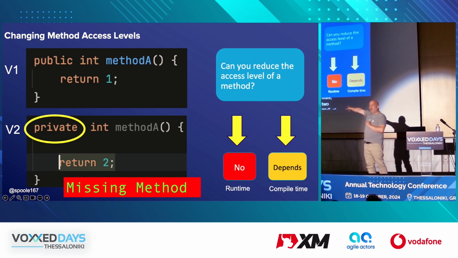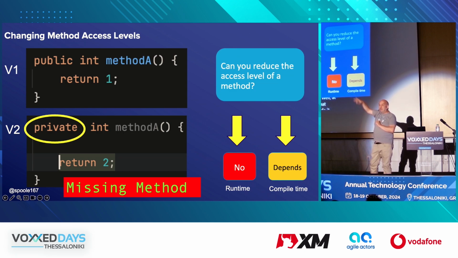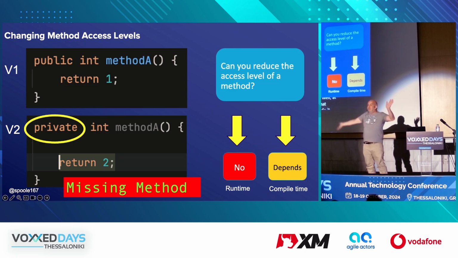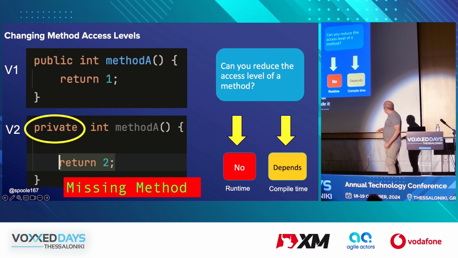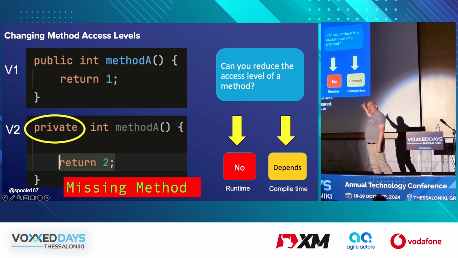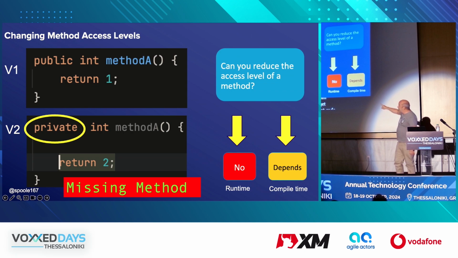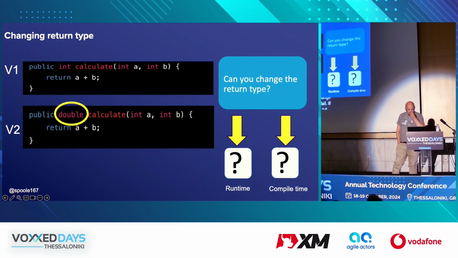Your API customers were calling that, it's now disappeared. You've made it invisible, so it will break. At compile time, you might get away with it depending on what code is calling that, but you certainly won't get away with it at runtime. So if you change the scope of a method to private, it will fail. Now, I'd expect you all to know that one. That's the test, that's the beginning. Let's try a few more.